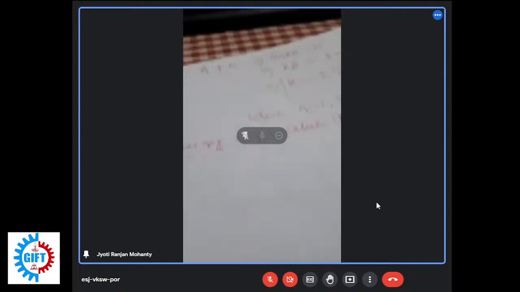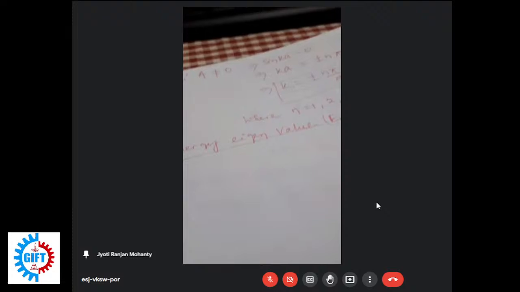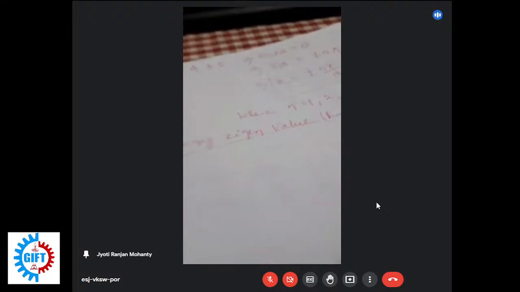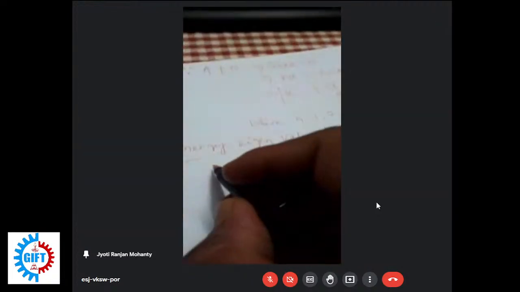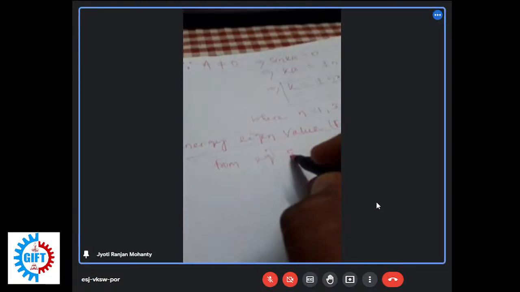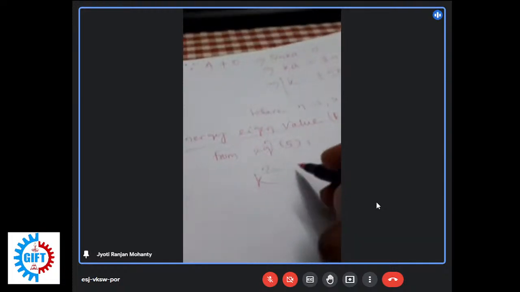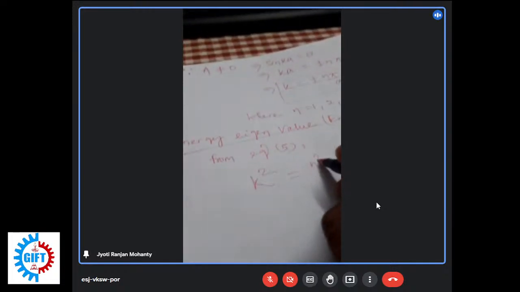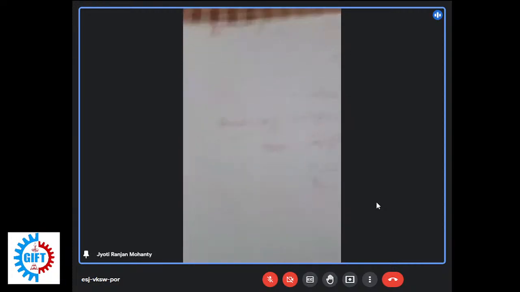What is your equation number 5? k is equal to plus or minus n pi by a. Taking the square, k square is equal to n square pi square by a square.